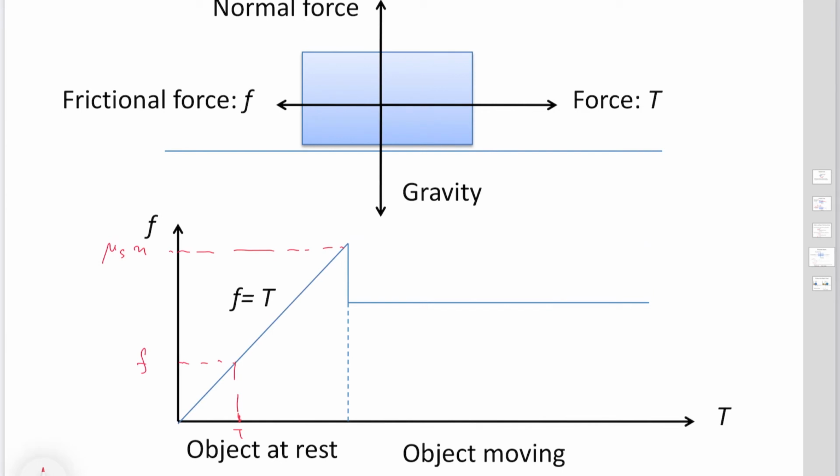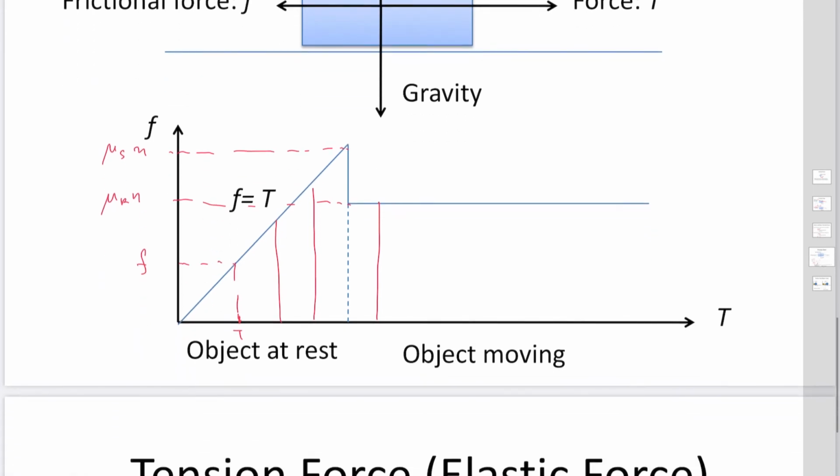We could increase T, but the object still stops. But once the force is larger than mu_s N, the object starts moving. Then the friction force decreases to mu_k N. Okay, this is the friction force.